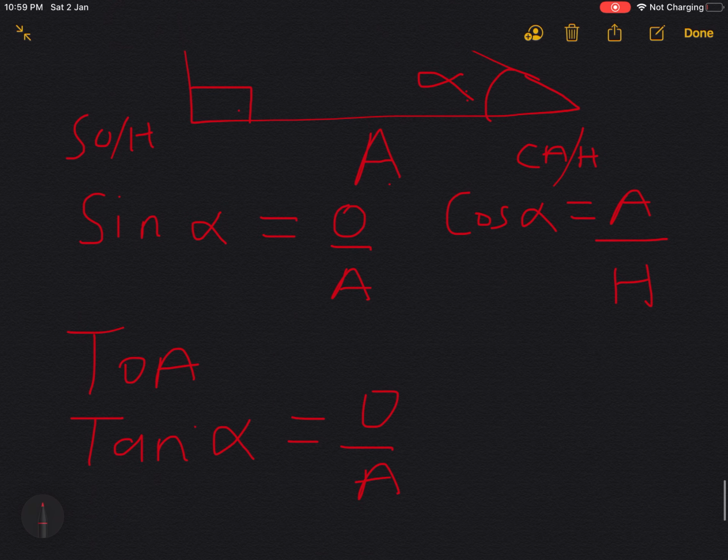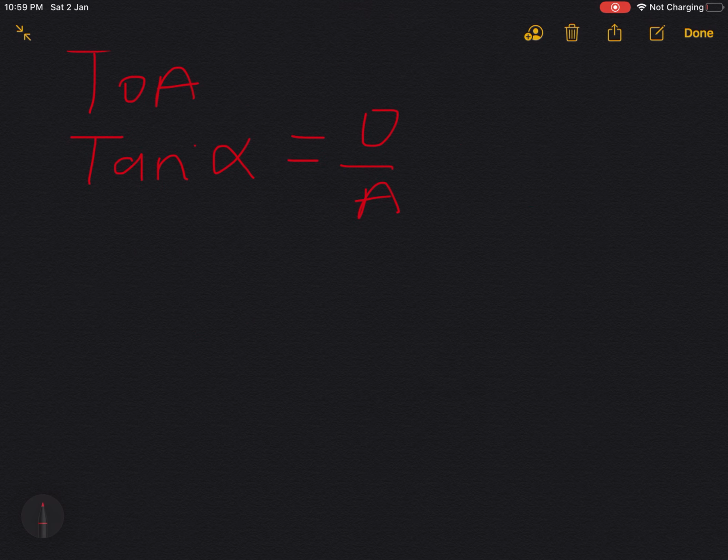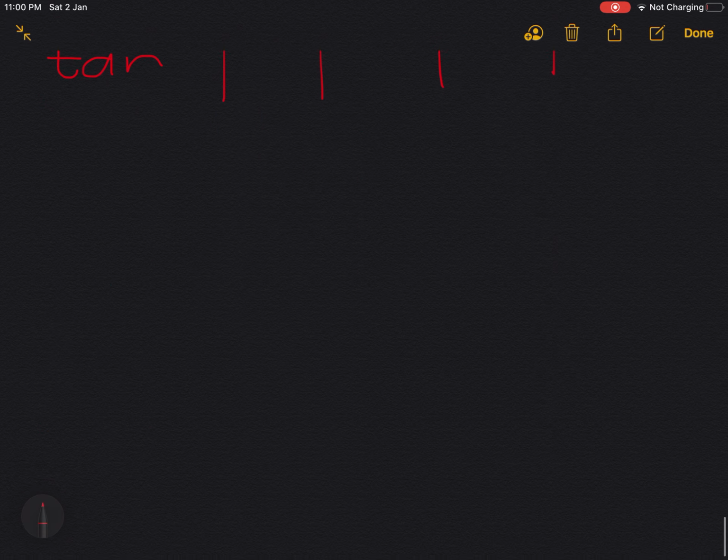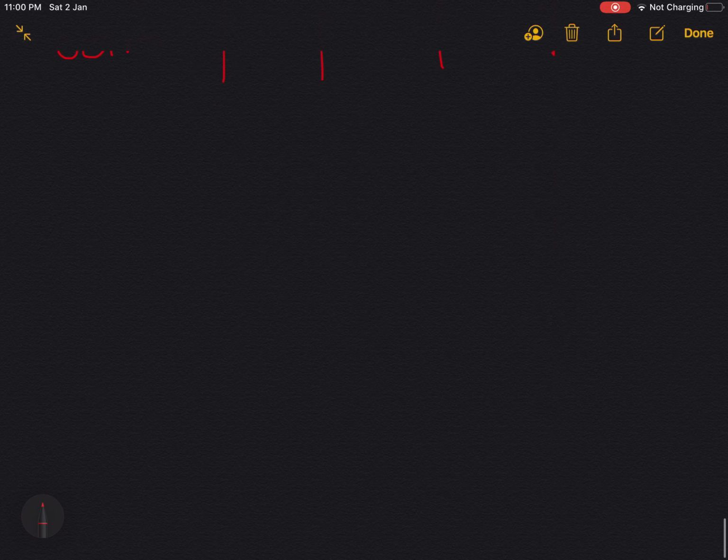Now, how is this useful? This is very useful in easily finding some special angles. You can easily find the sine, the cos, and the tan of the angles 30 degrees, 60 degrees, and 45 degrees without using a calculator, provided you will not forget to draw this triangle.